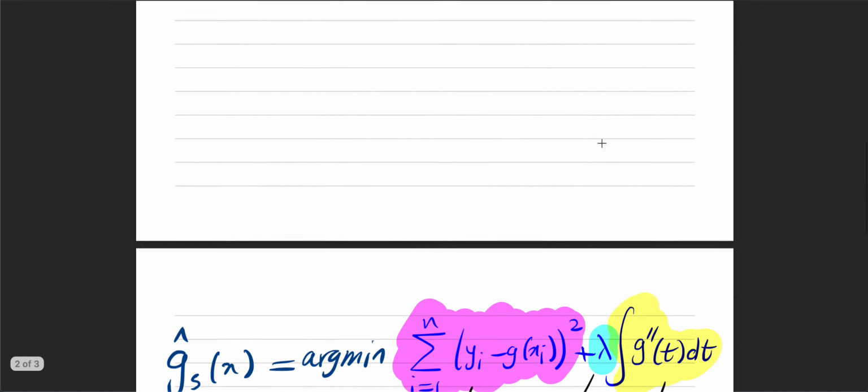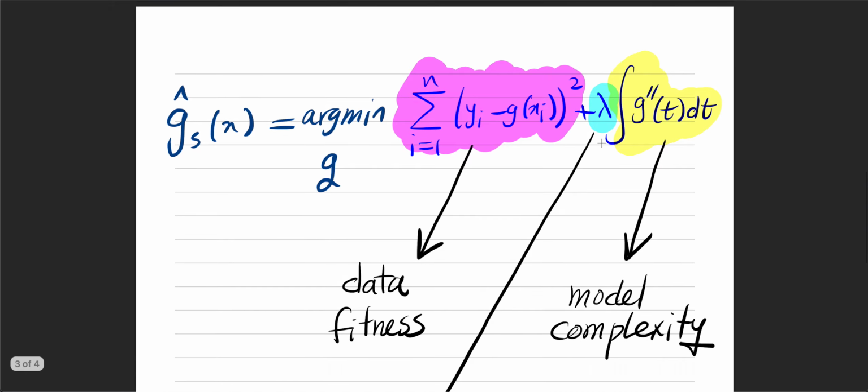Well, one of the ways is to use the second derivative. Remember, the first derivative is the rate of change. The second derivative is the rate at which the derivative is changing. Okay, so what is this? This is an integral.